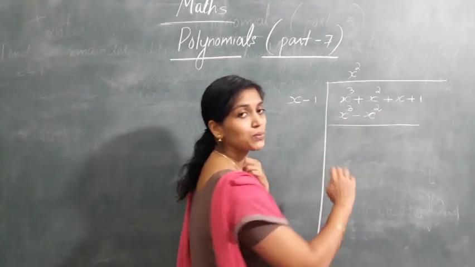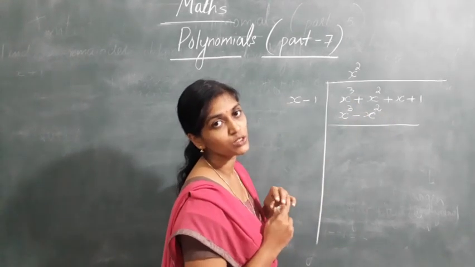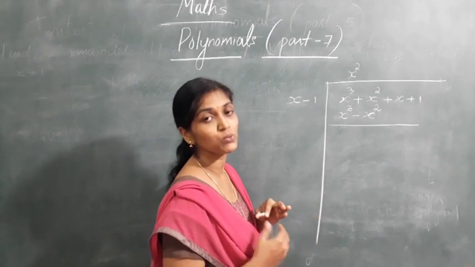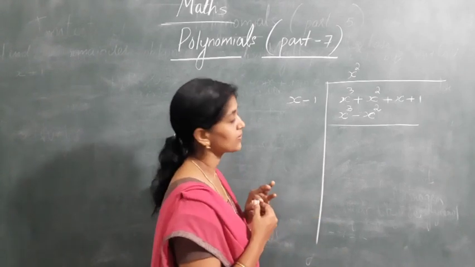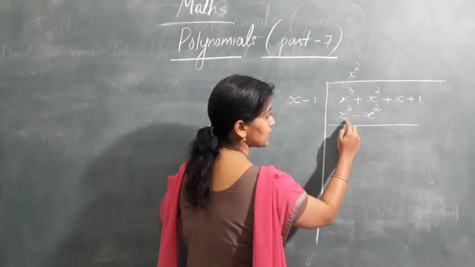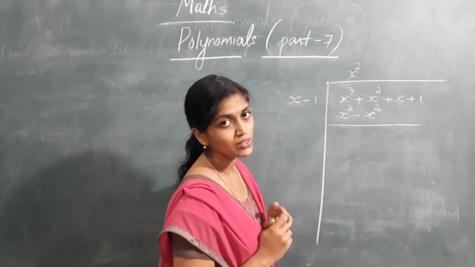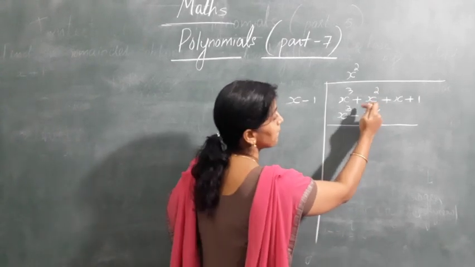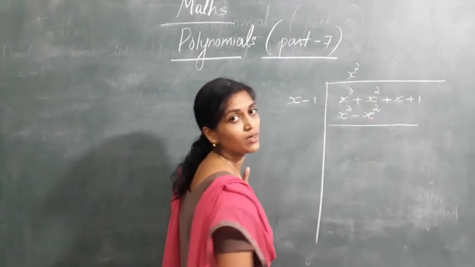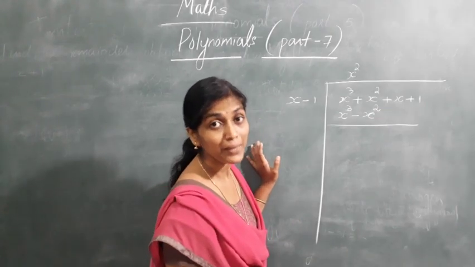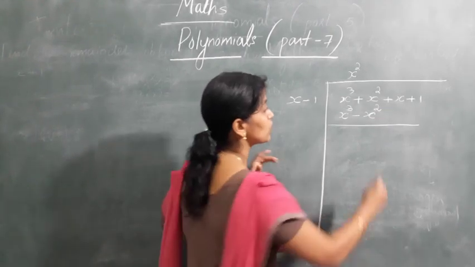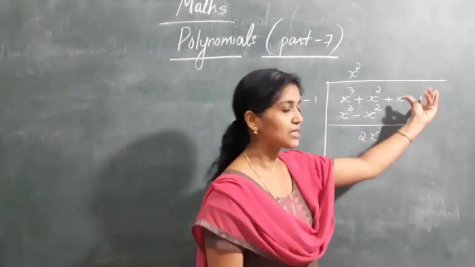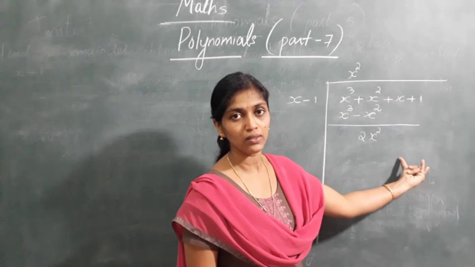When you subtract, the first term becomes 0, because we continue the division process to make the first term 0. So x cube minus x cube is 0. Now x square minus minus x square is x square plus x square, which is equal to 2x square.